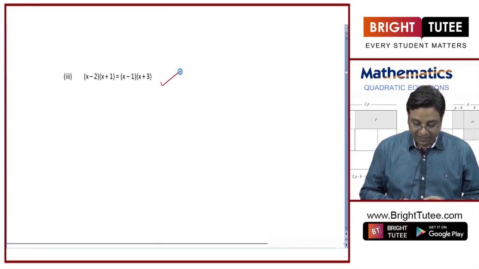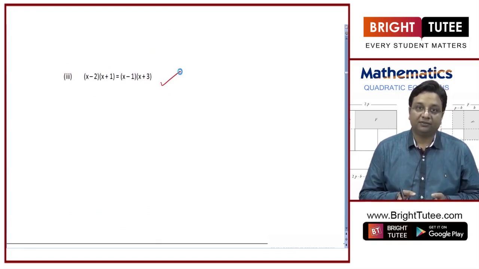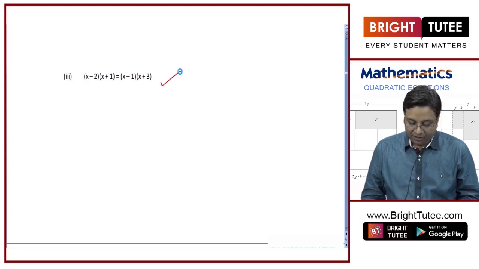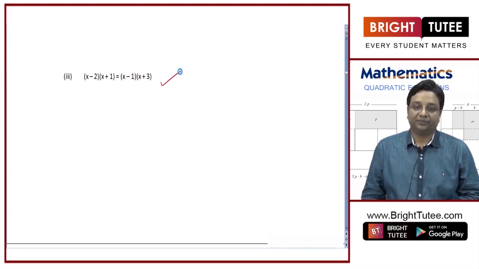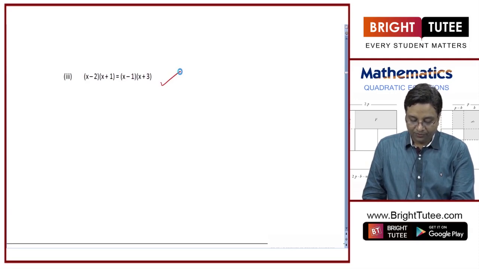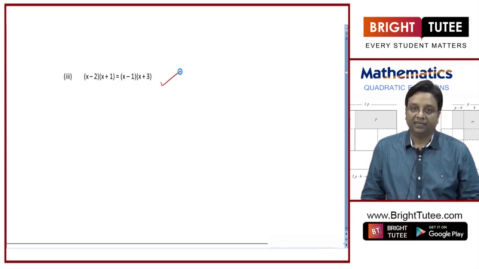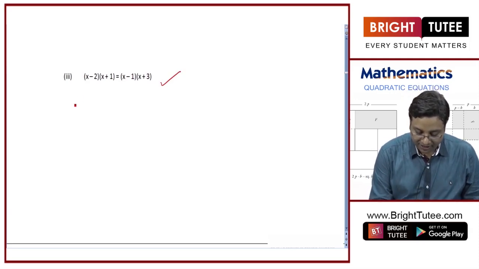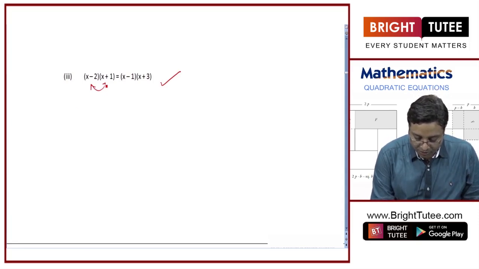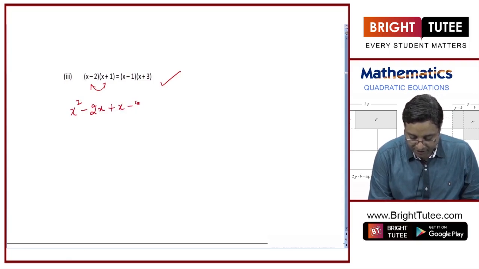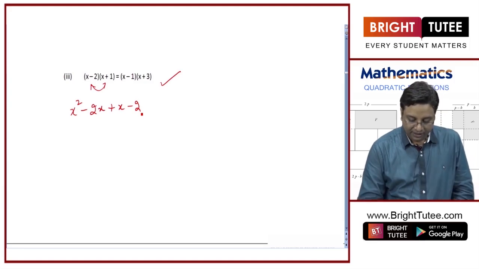Now prima facie, or when you look at it with untrained eyes, it might look like a quadratic equation because it has 2 brackets on each side, right? But when we solve these brackets, let's look whether it's a quadratic or not. When you multiply these two, it will give you x square minus 2x plus x minus 2, right?